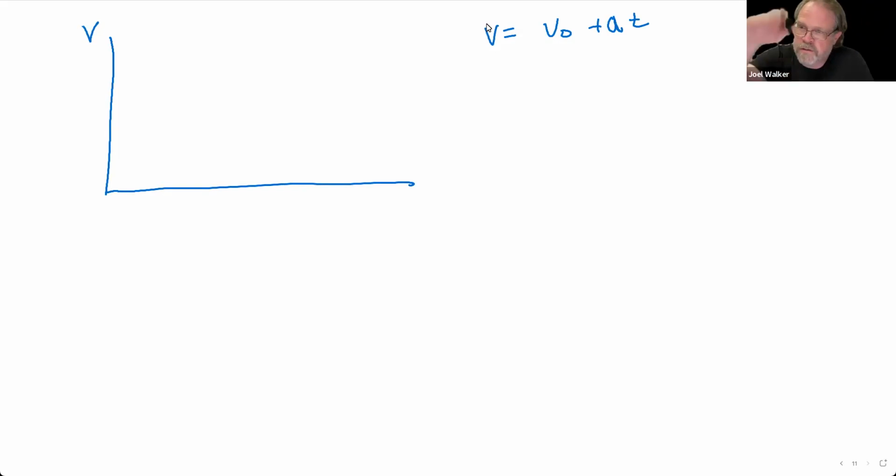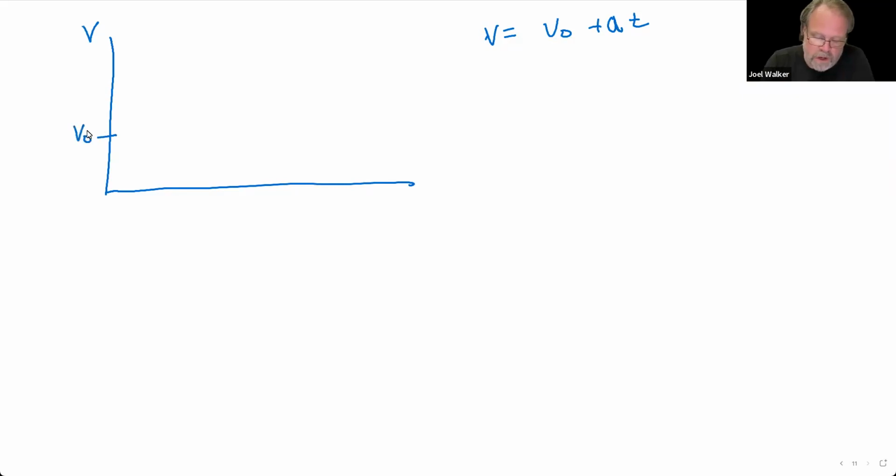The vertical axis, v, in math mode, in high school, what do we say? Y equals mx plus b for the slope of a line. That's the vertical axis, y plus m. Oh, acceleration is the slope of the velocity versus time graph. Y equals mx, our horizontal variable, x is now time, actually. Y equals mx plus b.